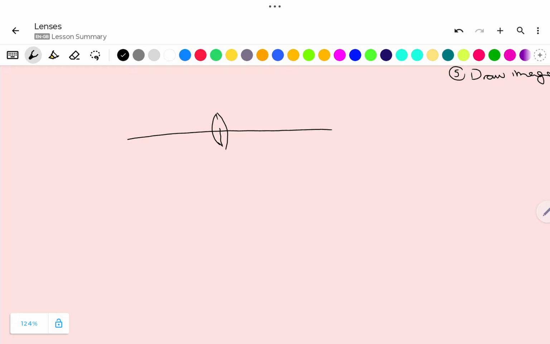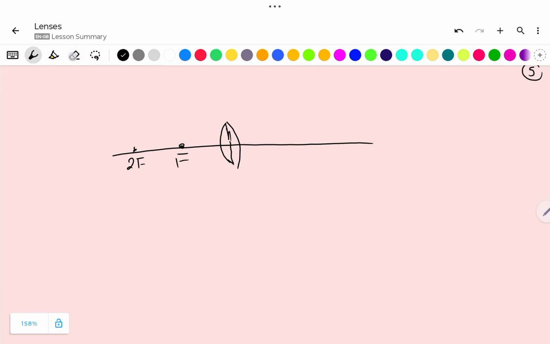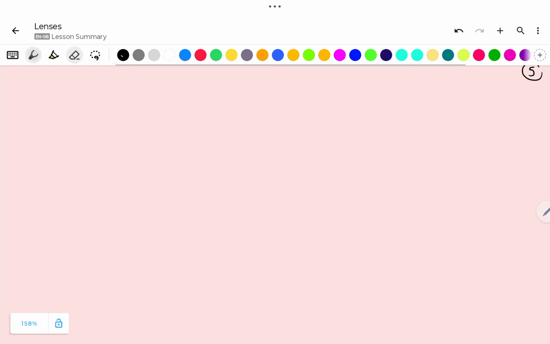So this is my focus point and this is my double F. So we can make it easy and clear.